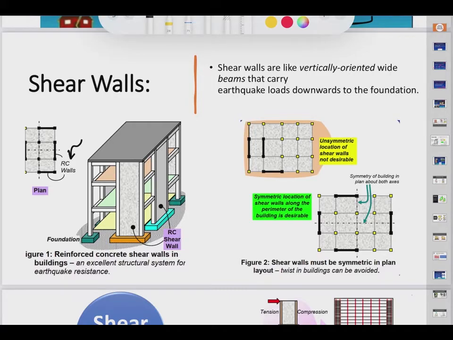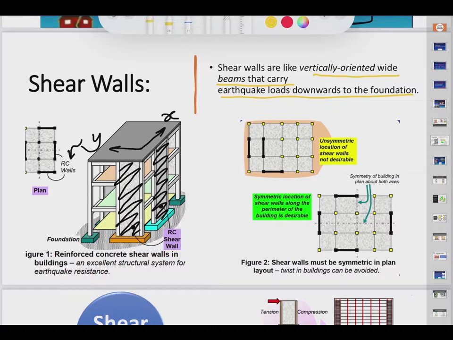And if you see from the isometric view, this wall is the RC shear wall, meaning reinforced cement concrete shear wall, and they are provided in both directions, like if this is the X direction and this is the Y direction. They are provided in both directions to resist the earthquake load along both horizontal axes. So shear walls are like vertically oriented wide beams that carry earthquake loads downward to the foundation.